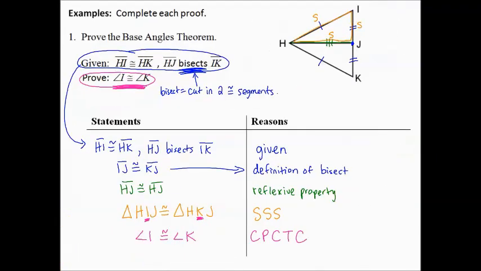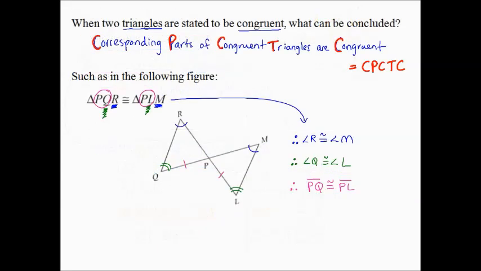First one, triangle congruence postulate, then CPCTC. Make yourself a note of that. We always use corresponding parts of congruent triangles are congruent after a congruent triangle theorem or postulate. And put some more stars and highlight that. Awesome.